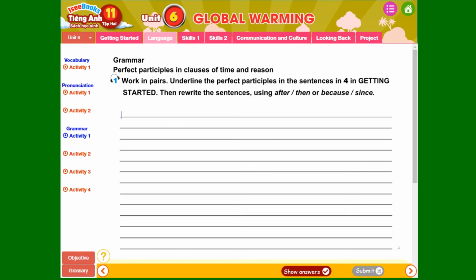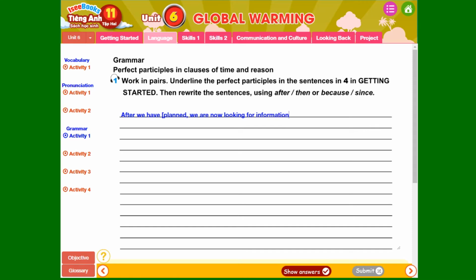For example, you have a first sentence, having planned to continue, we are now looking for supporting information. So after we have a plan, we are now looking for information.